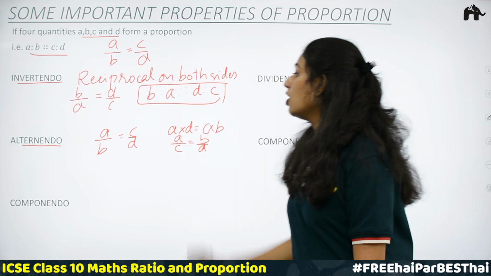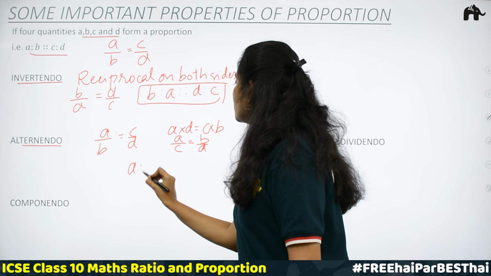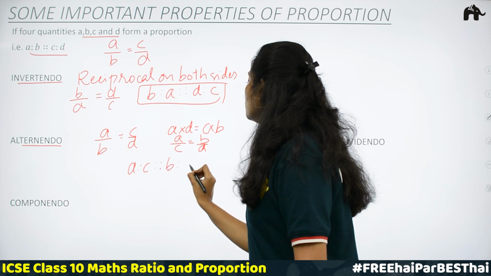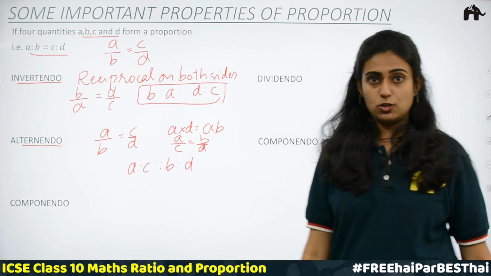This is what the alternando property is. This can be expressed as A is to C as B is to D. Got the second property?